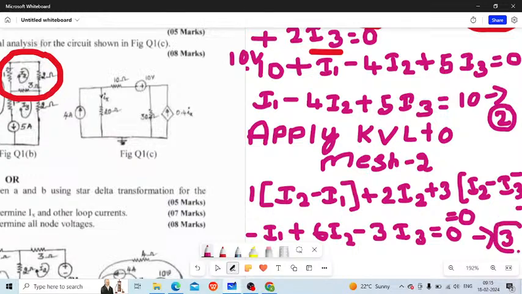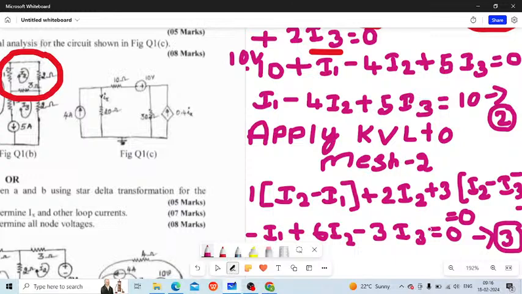Now what you're supposed to do is find I1, I2 and I3. In the calculator, you have to substitute equation number 1, 2 and 3.